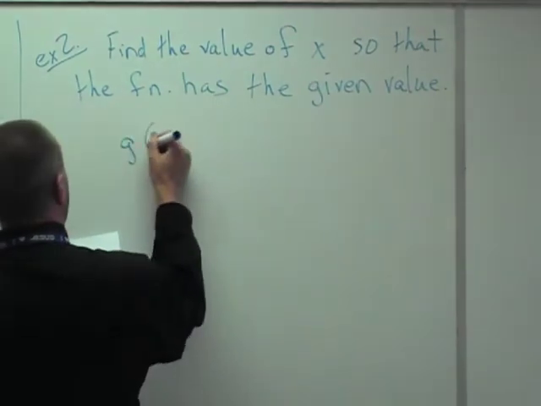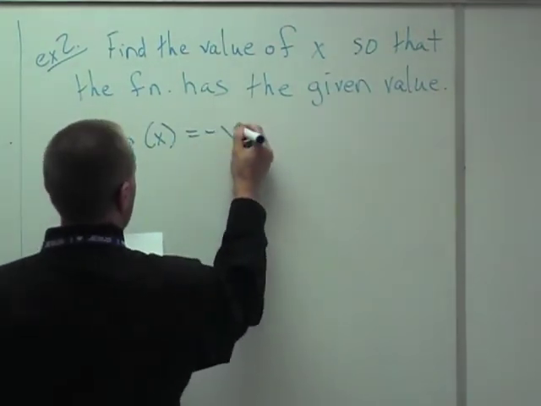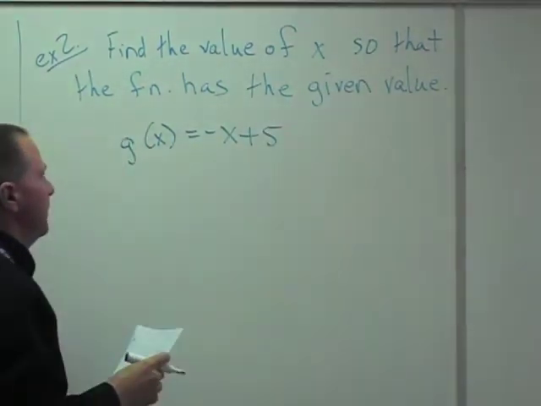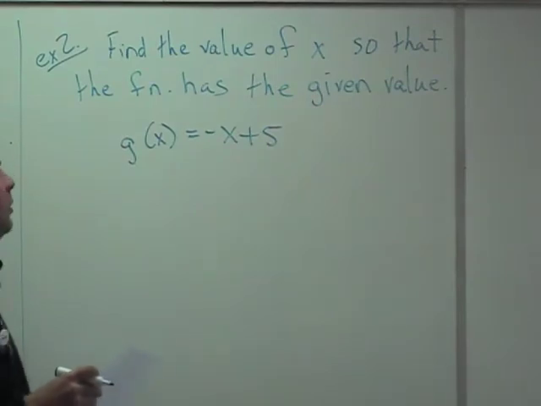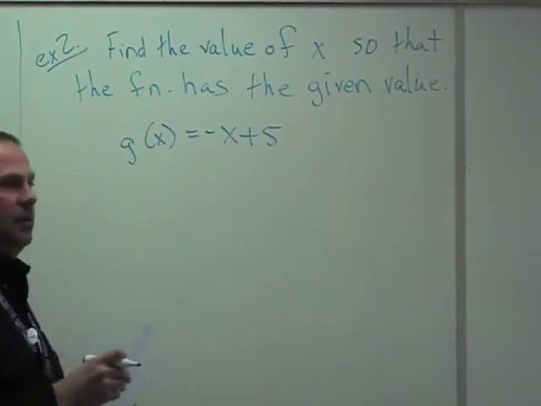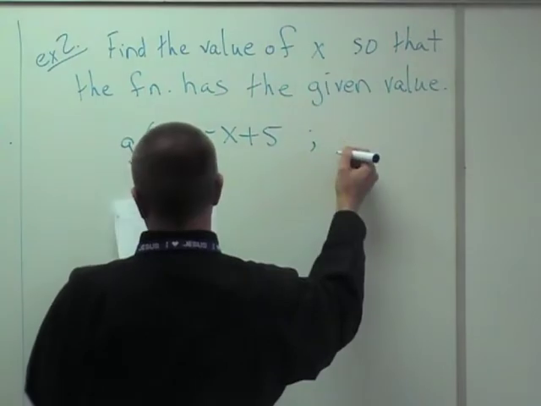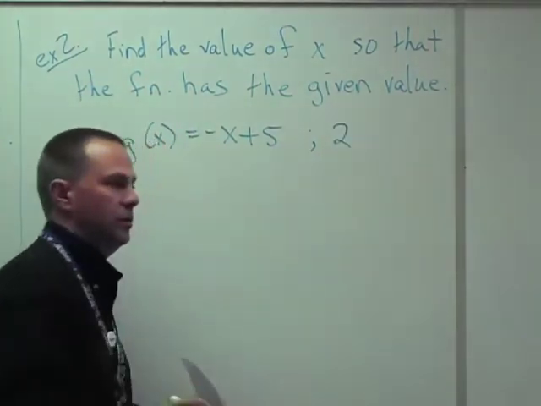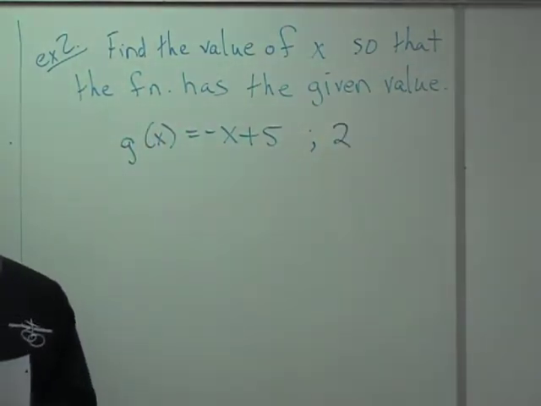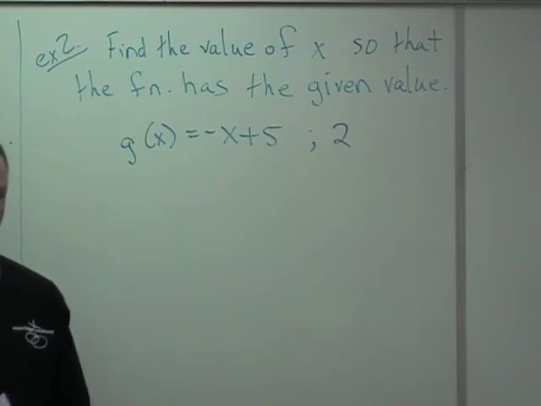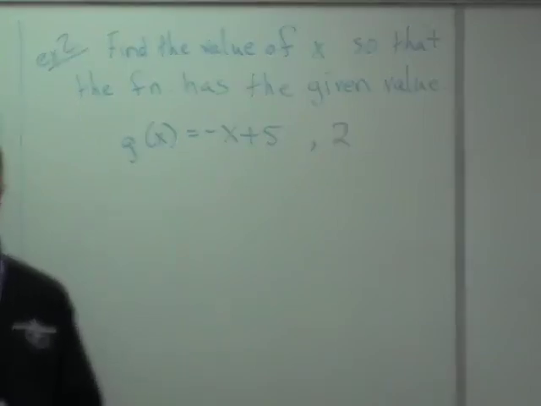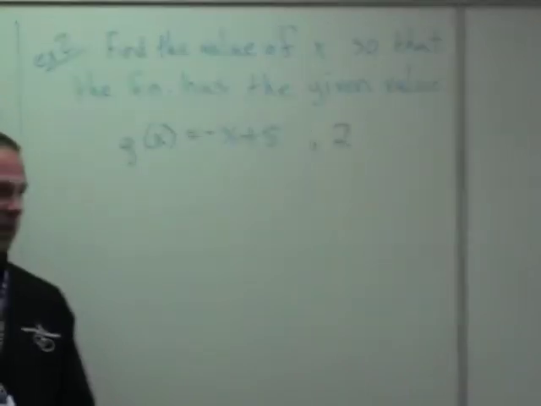So here we have g of x equals -x plus 5. That's the function. Now I want to know what the value of x is when the function is 2. Basically when y is 2. When y is 2, what do you get for x?